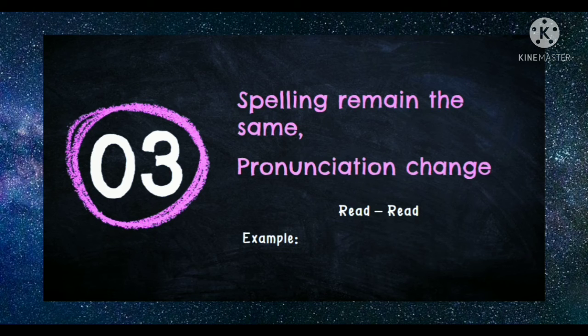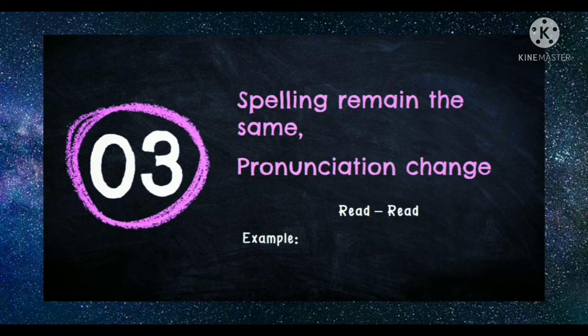Let's look at the third group here. This group is a bit special. The spelling of the verbs in group 3 remains the same and the pronunciation changes. If you look at the verb read, the spelling is the same in both present tense and past tense, right? But the pronunciation changes.